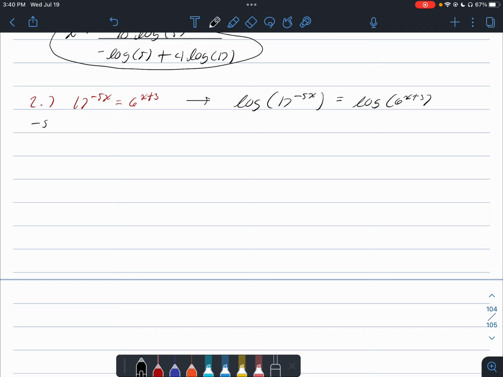So we can have negative 5x log 17, that'll be equal to x plus 3 times log 6. Okay, let's distribute this log 6 to the x plus 3. So we'll have negative 5x times log 17 is equal to x log 6 plus 3 log 6.